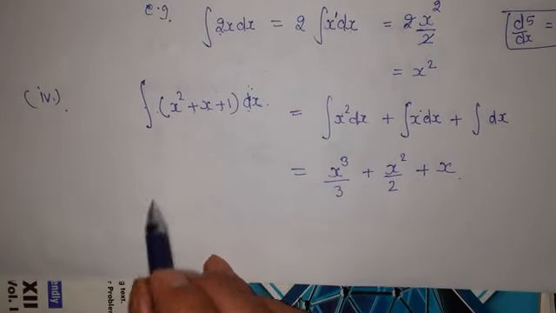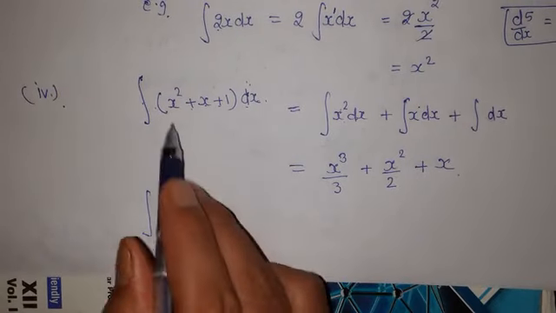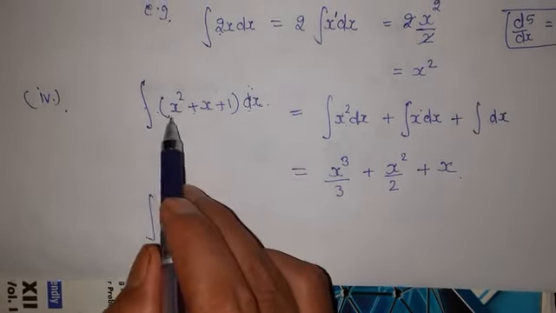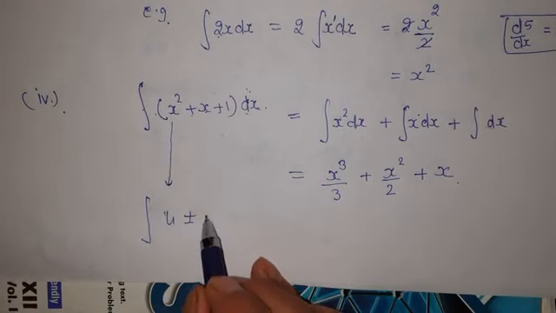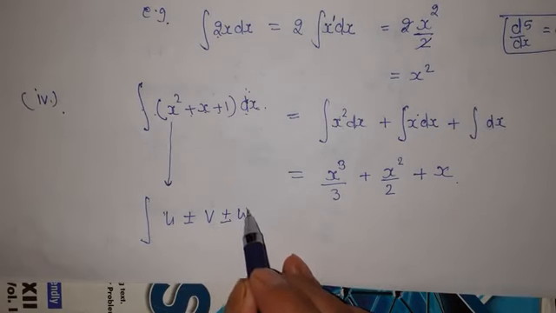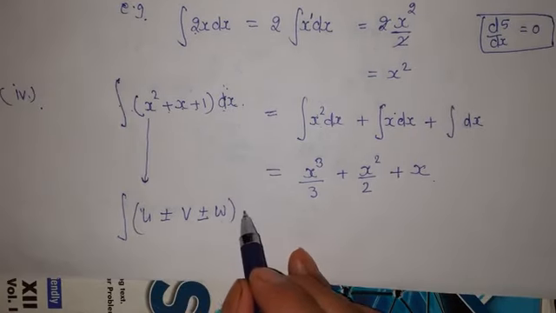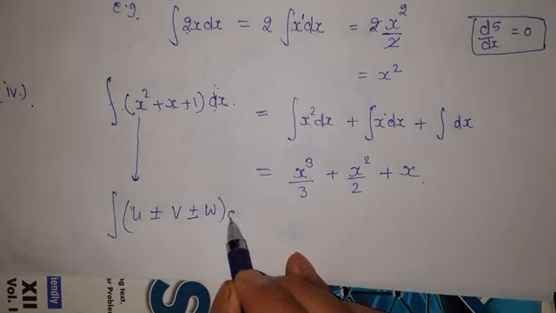This fourth rule can be shown in this way: let this be u, plus minus this is v, thereafter plus minus this is w, uvw, and over here we have dx.